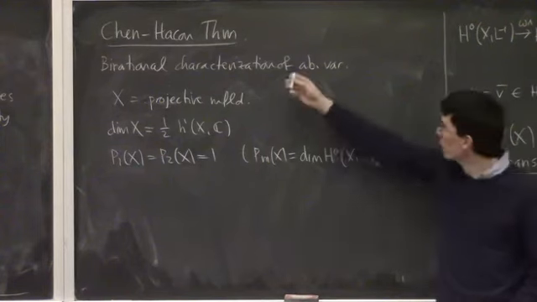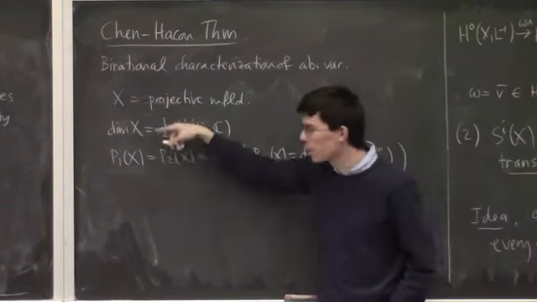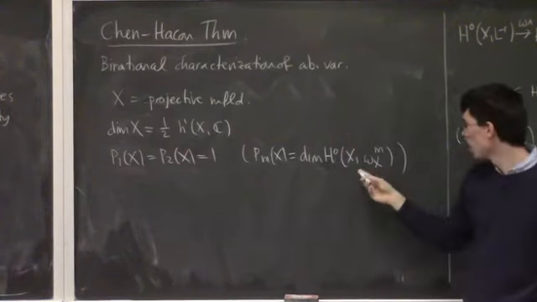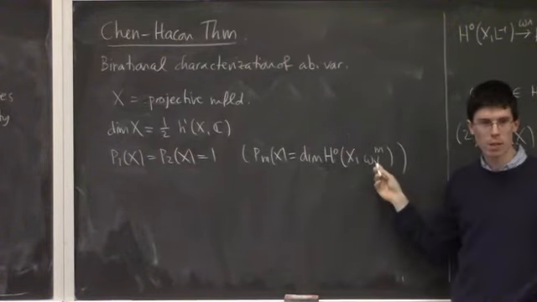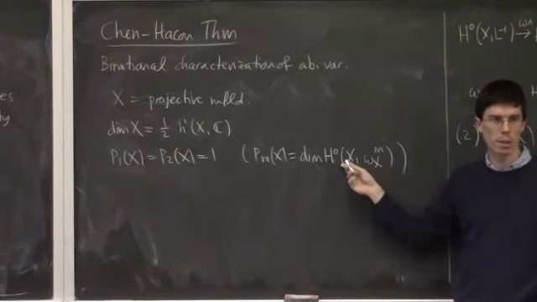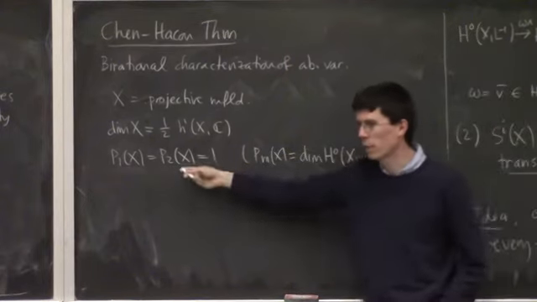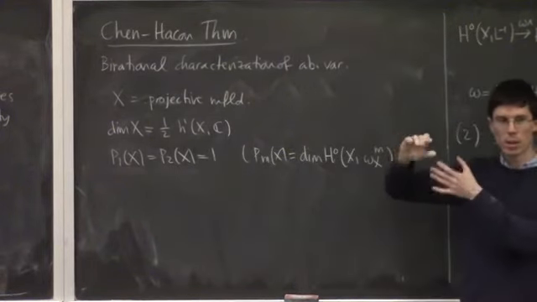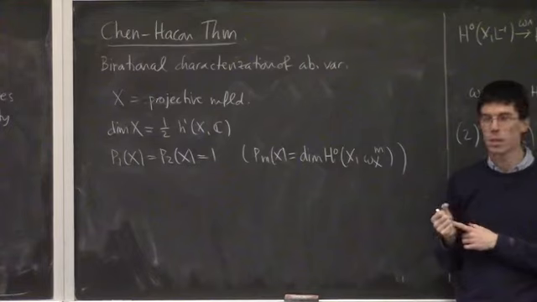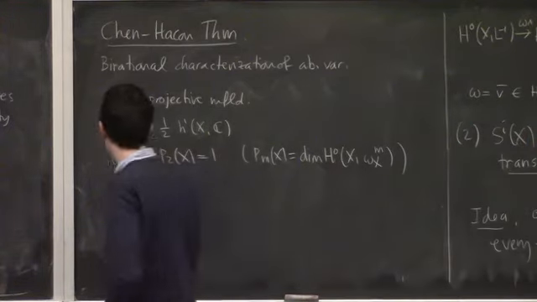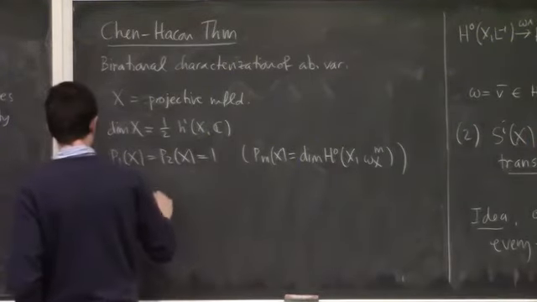Any abelian variety will satisfy these conditions, because in an abelian variety this bundle is trivial, so you're just looking at sections of the trivial bundle. And in fact, they're birational invariants, so anything that's generically isomorphic to an abelian variety will also have the same. And the Chen-Hacon theorem says that, in fact, then X is birational to an abelian variety.